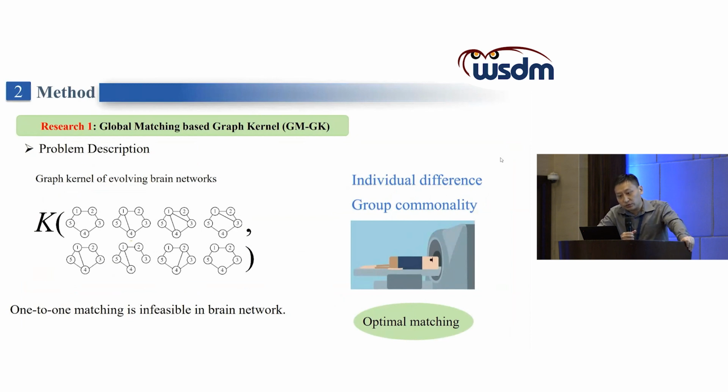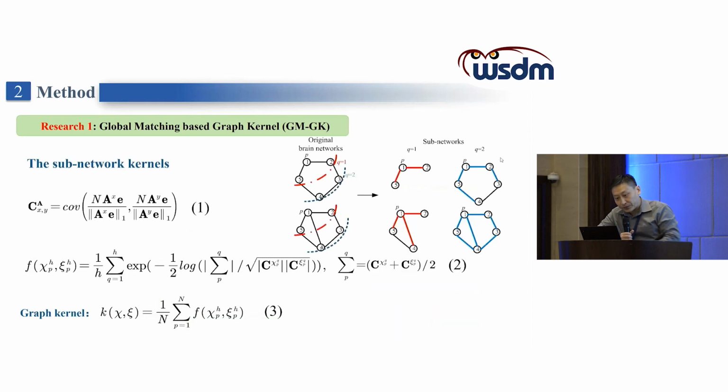Sometimes the length may not be the same, so one-to-one matching is infeasible in this setting. So we are considering whether there is another way to match the graphs, to achieve optimal matching.